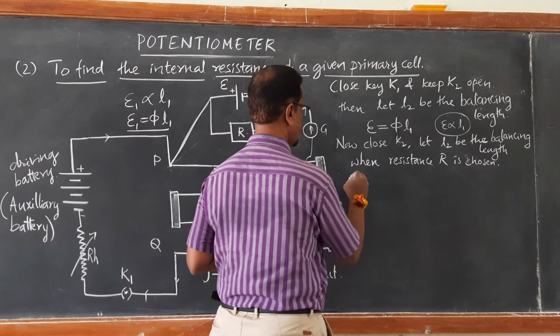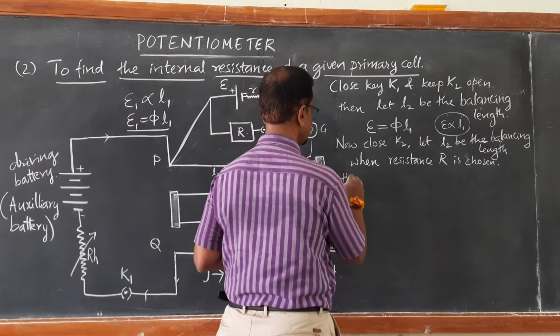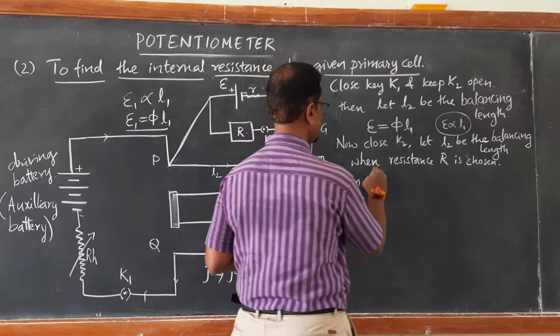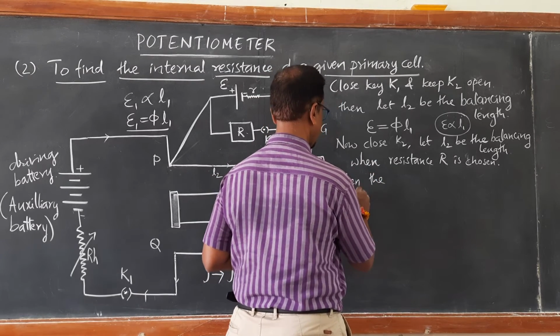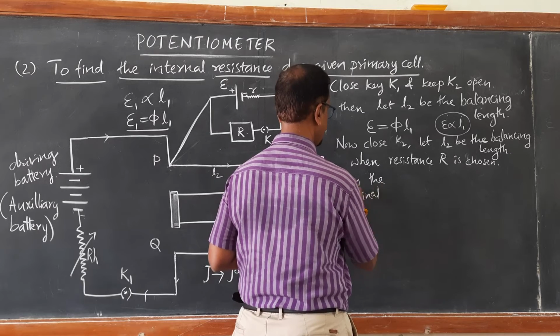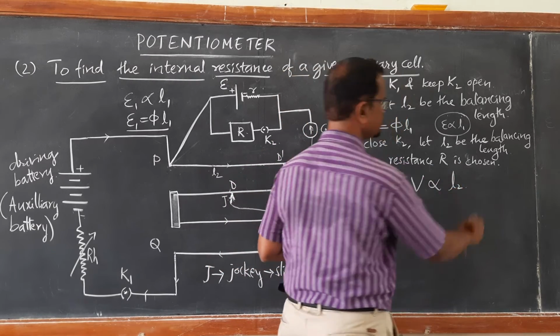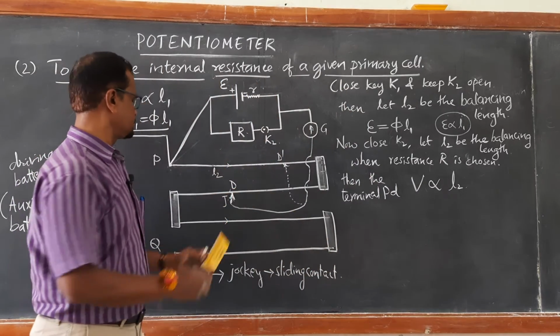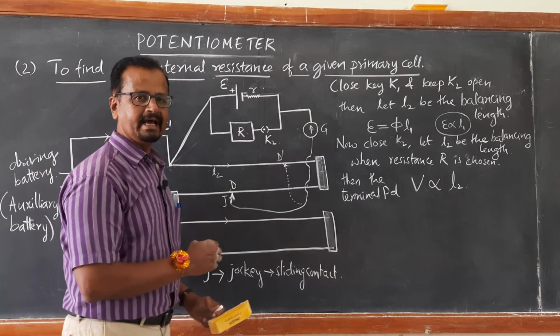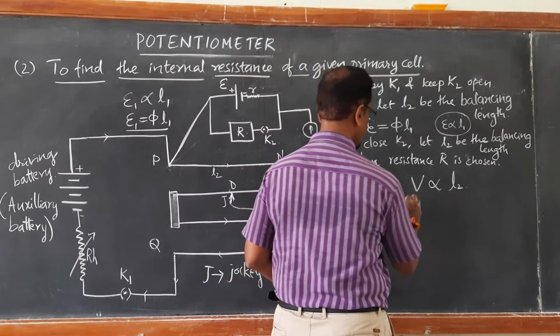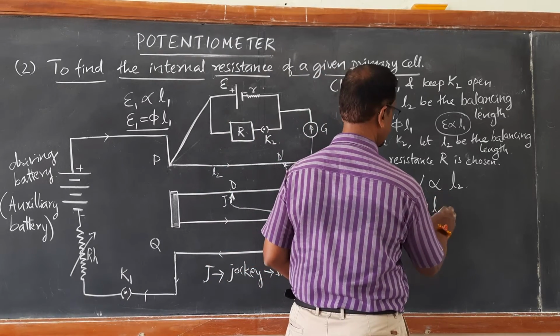Then the terminal potential difference V is directly proportional to L2, where L2 is the balancing length which is measured from P to D dash. So V is therefore equal to phi L2.